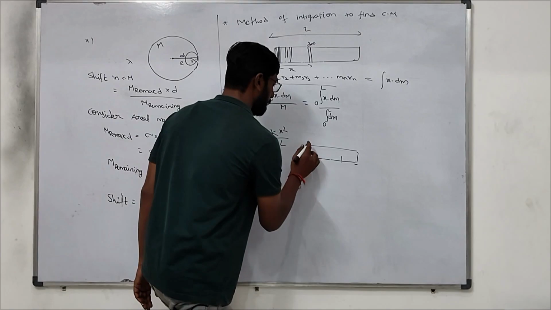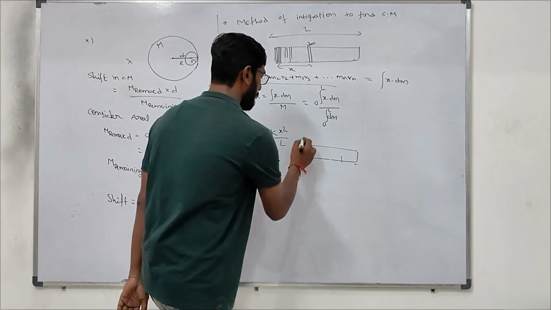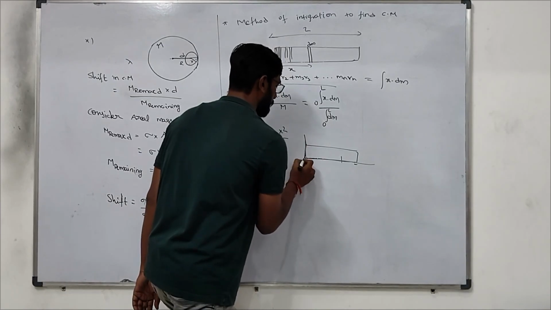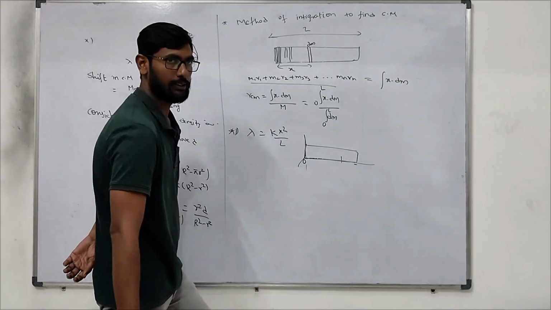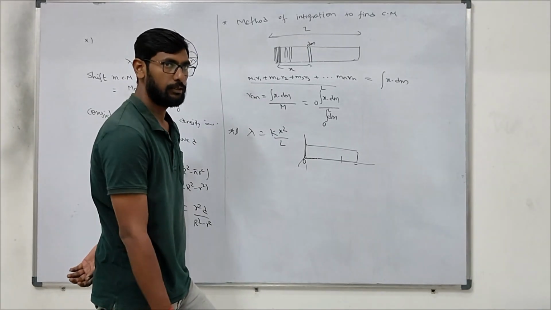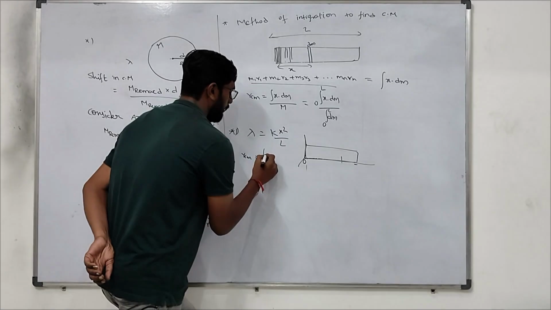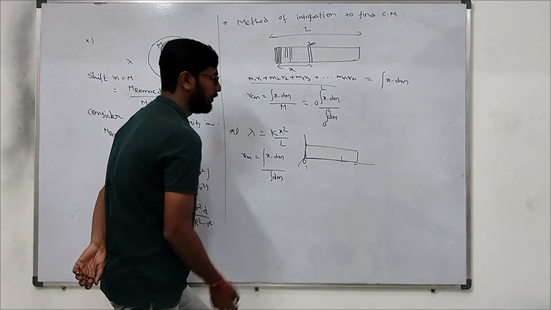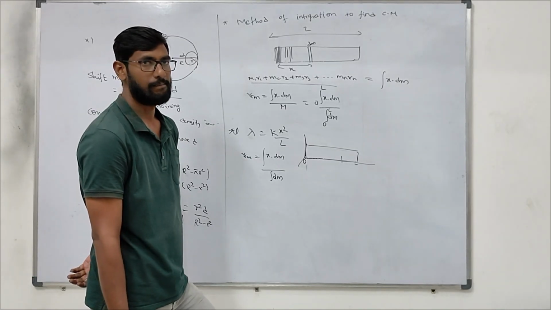From here you need to find the center of mass, right? So consider this is the origin. So what is the formula of center of mass? R equals integral x dot dm by integral dm. So dm is what? Small mass.